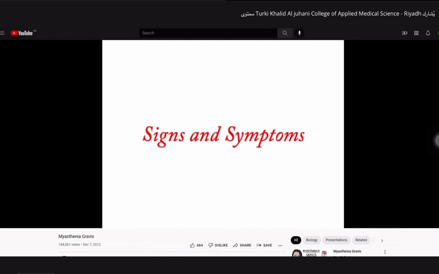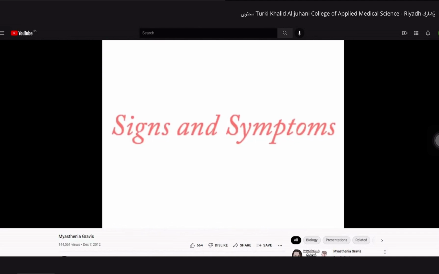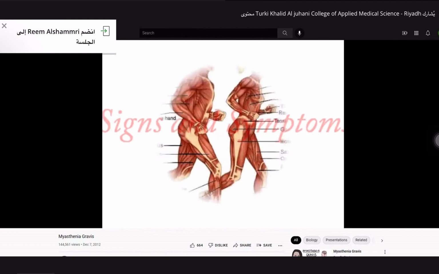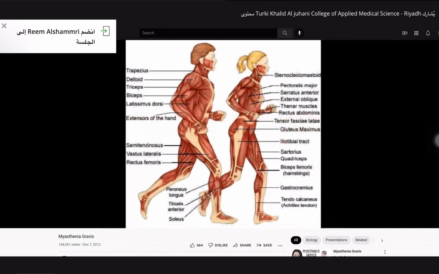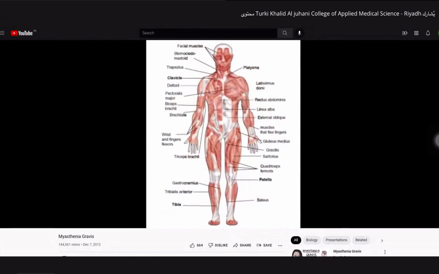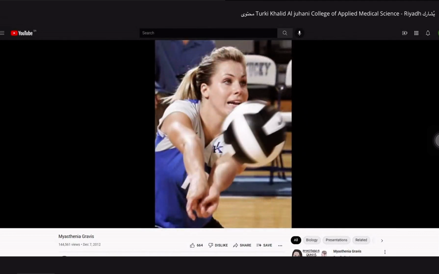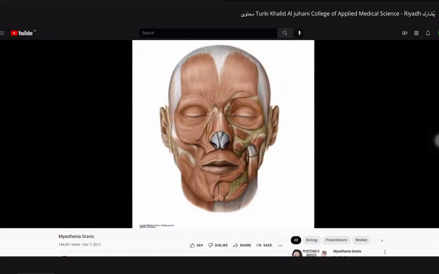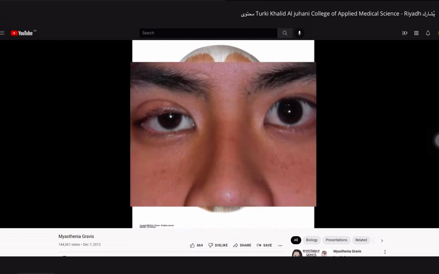Signs and symptoms. Myasthenia gravis affects voluntary muscles, which are the muscles in your body that you can control. They're also known as your skeletal muscles and include your legs, arms, and facial muscles. If you can think of moving it, and it does, then it's a voluntary muscle. But the muscles that control swallowing, facial expression, and the eye are most commonly affected.